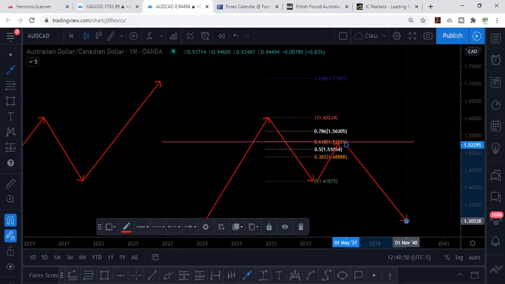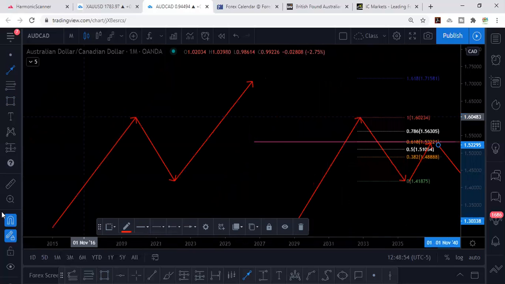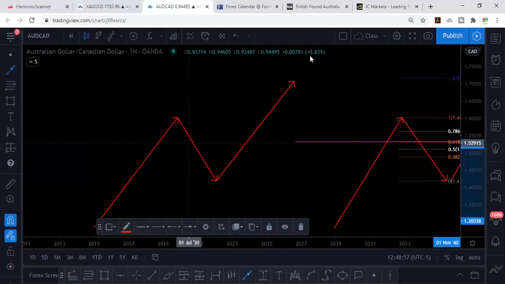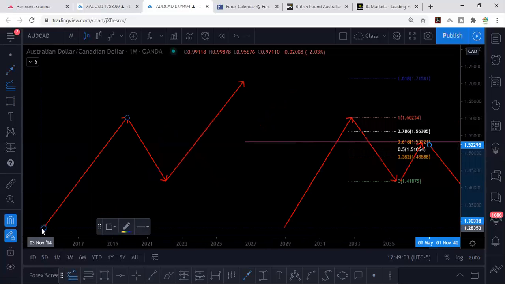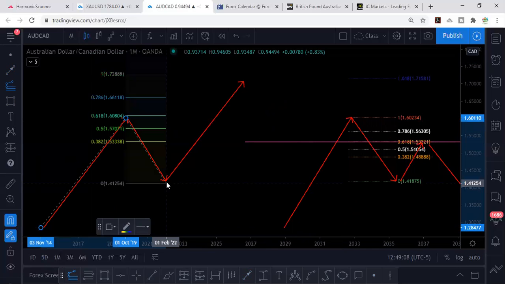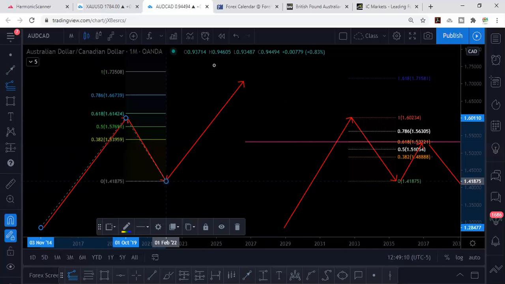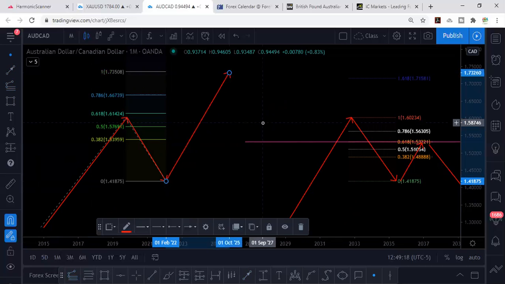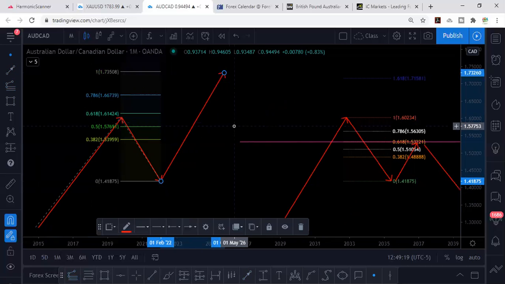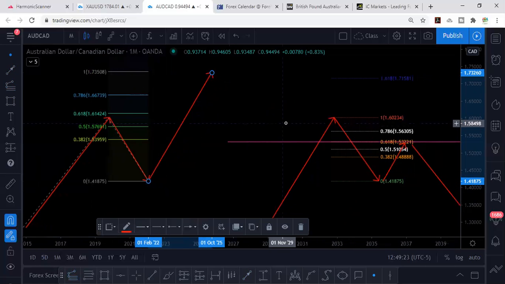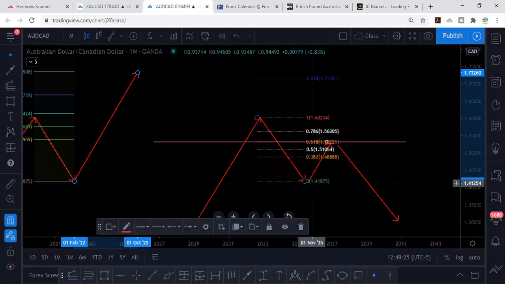However, if it wants to be a continuation like we predicted on this first point, up, down, boom, continuation. Then it will show a full continuation. So if that is what is going to happen, right? How will we know?